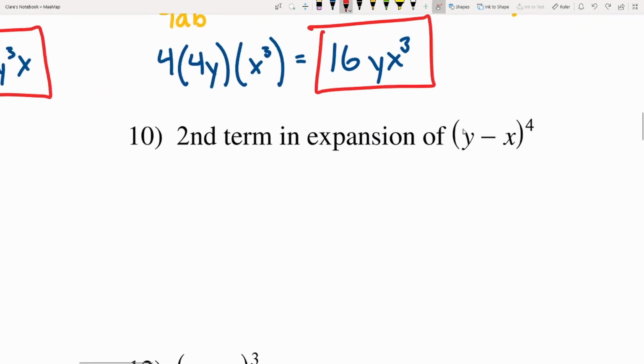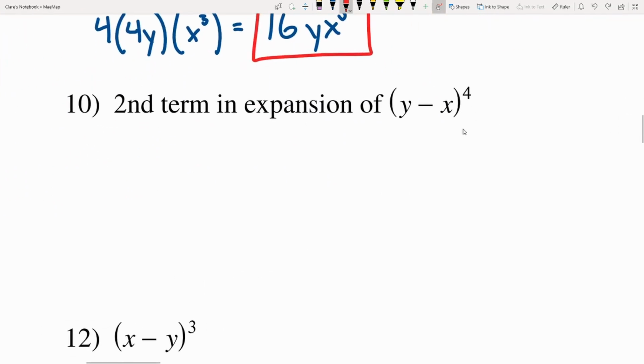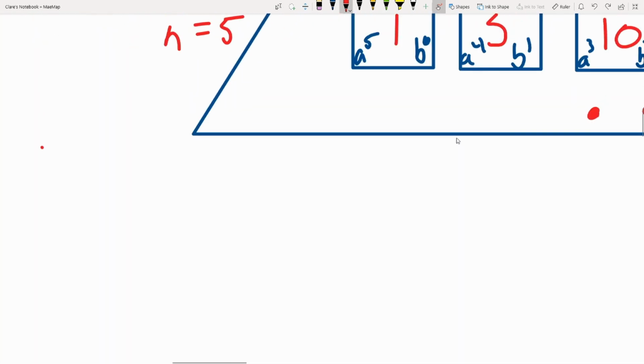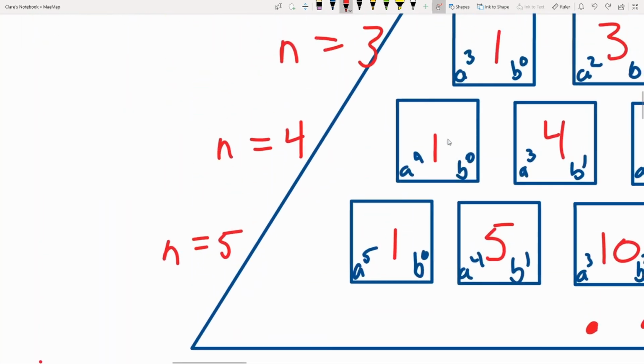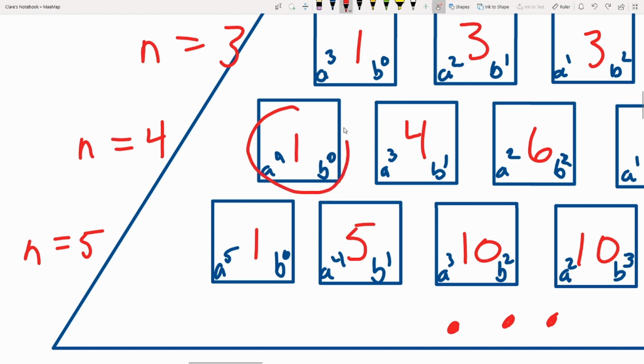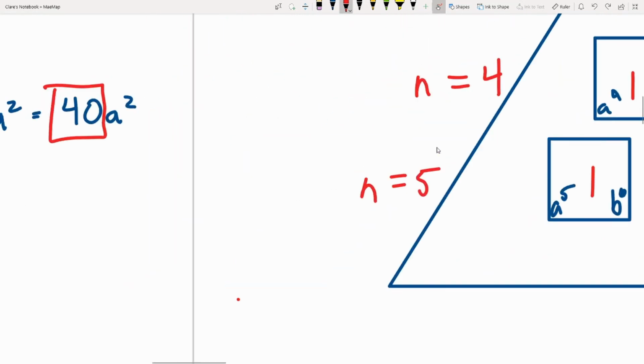So for number 10, we're going to do the second term in the expansion. So that second term is when we have a k value of 1. Just as our first term was when we had a k value of 0, our second term was when we have a k value of 1, and this is to the 4th. So the second term for a degree of 4, our first term is 1a to the 4th b to the 0. Our second term, when k equals 1, is 4a cubed b.